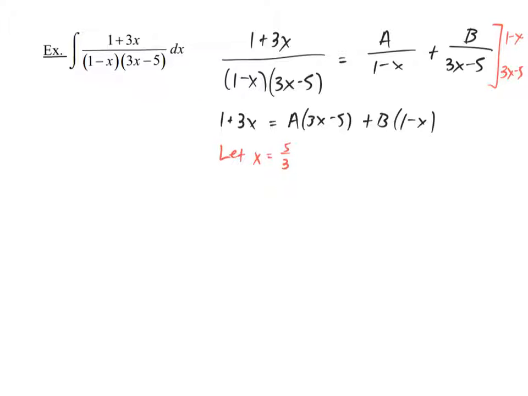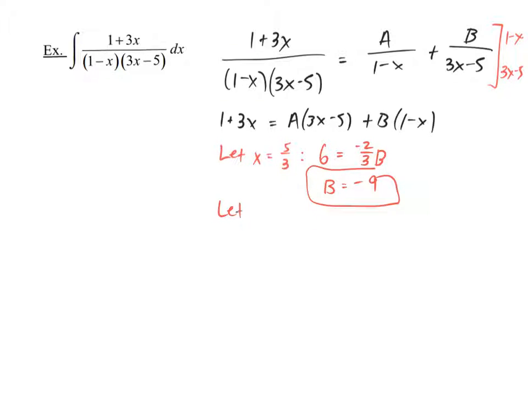So what we end up having is 1 plus 3 times 5/3, and so that ends up being, let's see here, I guess 6, and that's going to equal the a term is going to go away, and the b term is going to be left. So 1 minus 5/3 would be negative 2/3 times b. And if I multiply both sides by negative 3/2, I'm going to get b is equal to negative 9.